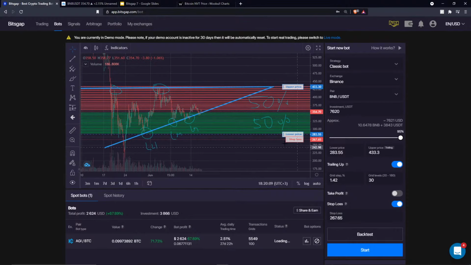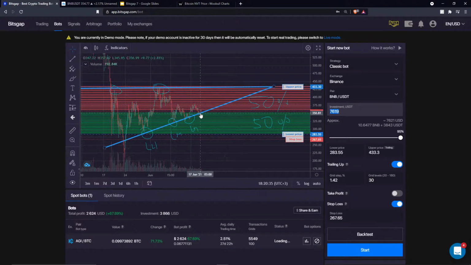That's a long way to the stop loss, right? So at least consider allocating less for this particular strategy, just because the stop loss is quite far from your entry price. If you would have entered this market at the point where you had this lower high, then your stop loss would be relatively close to your entry.